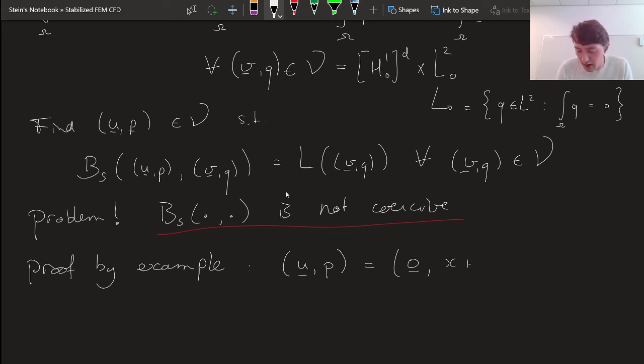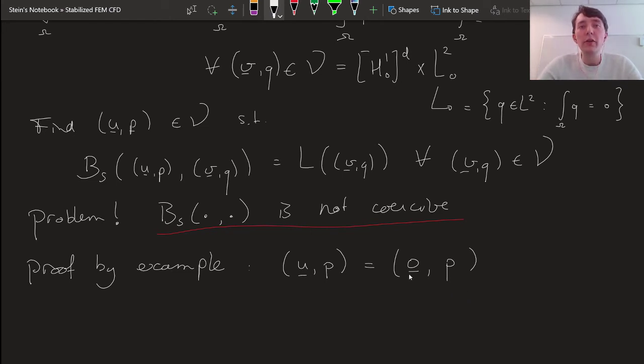It's going to be the function x maps to 1. So for every location x in my domain, I'm just going to give it the value 1. Well, actually, no, I think that's a bad example. I'm going to leave this open. I'm going to say any function p. Whatever, it doesn't matter. Any function for p.